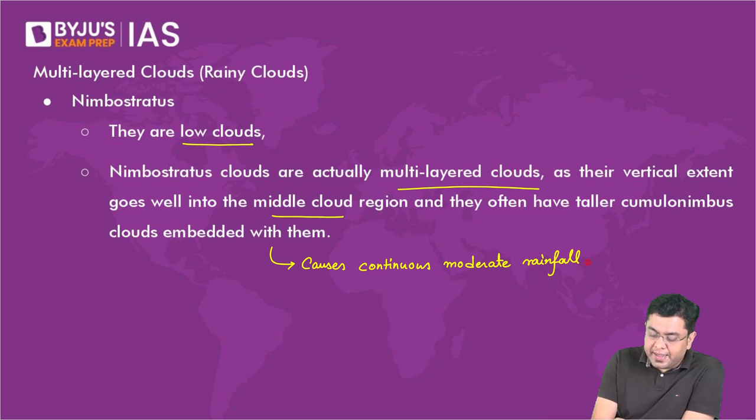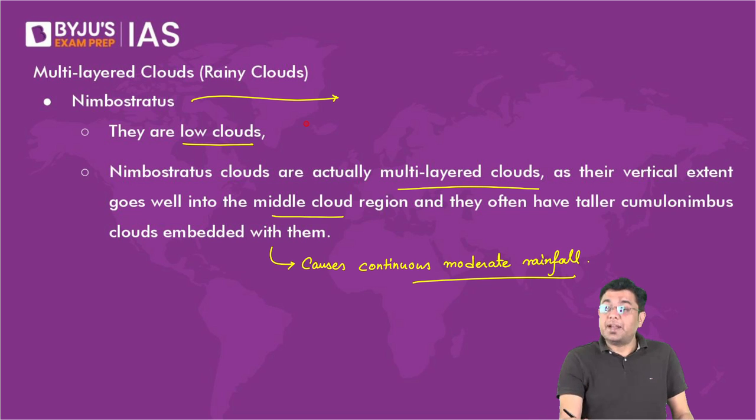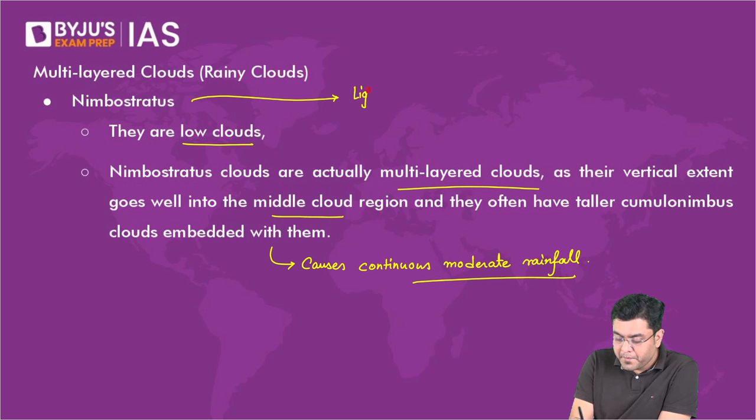Okay. And it is in these clouds where you will oftentimes come across lightning happening within the clouds. That is a common phenomenon. So in many of the cases, you will observe lightning occurring within the clouds.